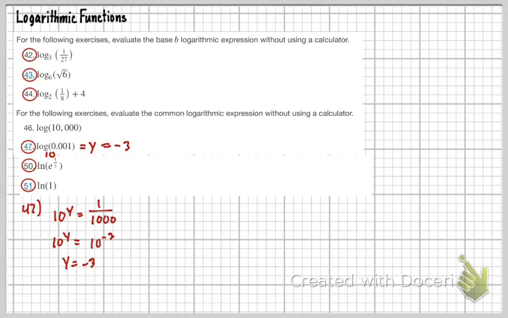Okay, now 50. Here's another one that's a little different that we may not have seen yet. The ln. That's called the natural log function. And I'm going to write this down here. The ln of x is equal to the log base e of x. Now, I don't know if you're familiar with e, but e is what we call the Euler number. Euler is spelled with an EU, so it's not the conventional one in English. This e is an approximation like pi is. They call them transcendental numbers.